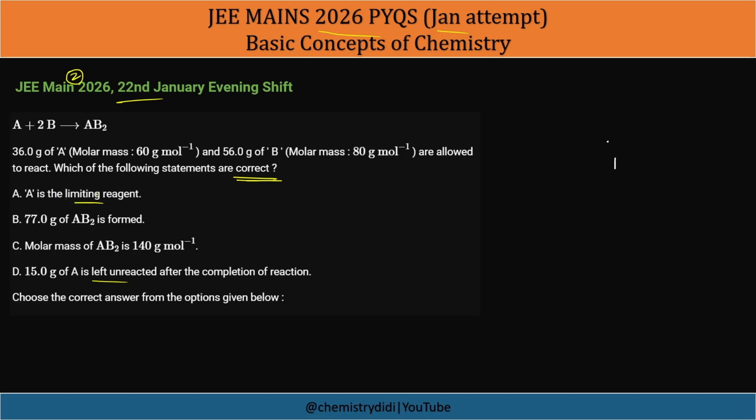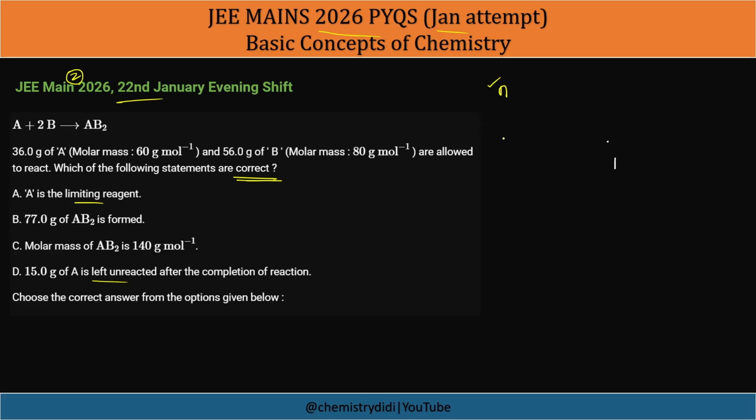They were asking about the limiting reagent first. So in order to find which is the limiting reagent, first we need to find the number of moles. So let's try to solve.